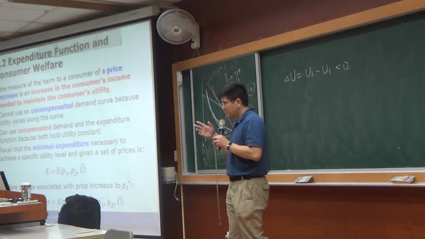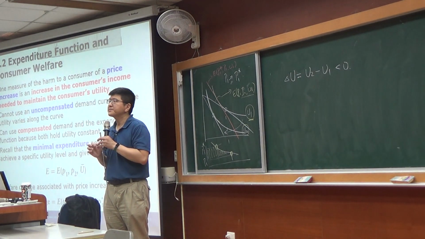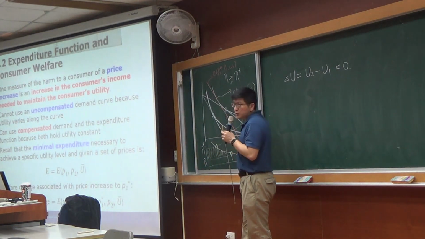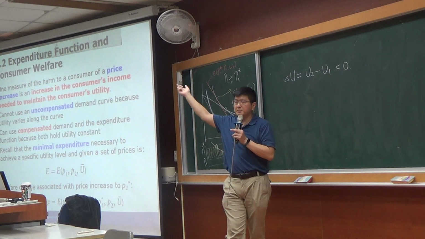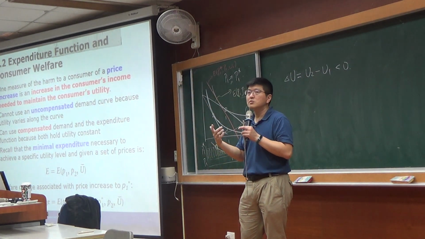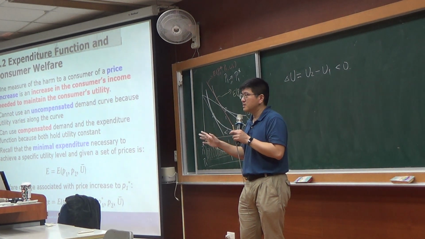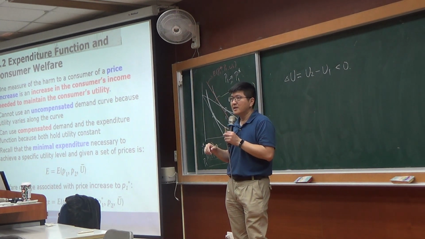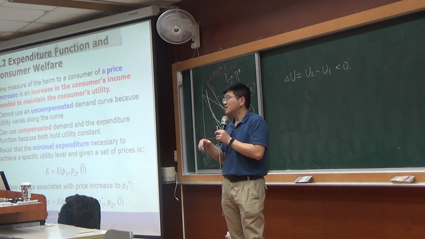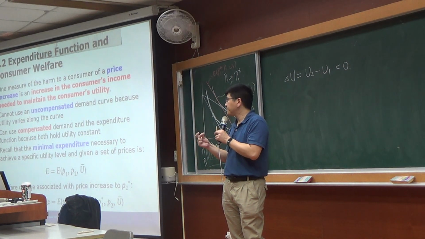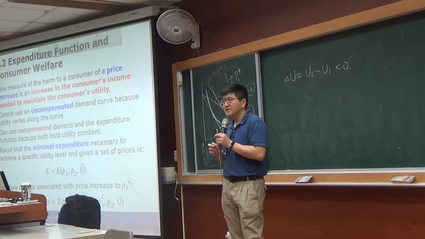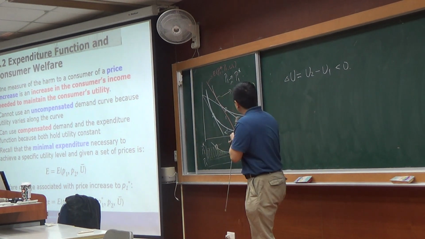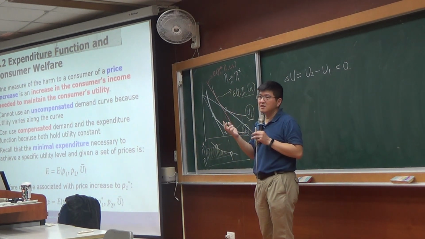Let me ask you in another way. If you may choose, do you want to live in the world with P1, P2, or in the world of P1 star, P2? Other things being equal, because P1 star is higher than P1, things are more expensive there. At least one good is more expensive in this world, so it's hard to live there.